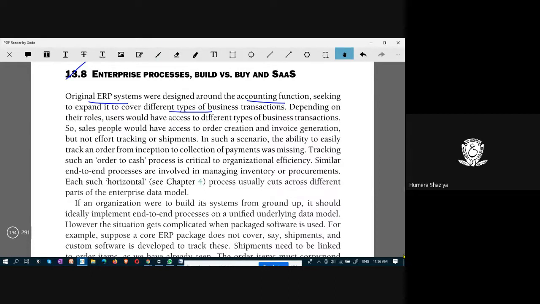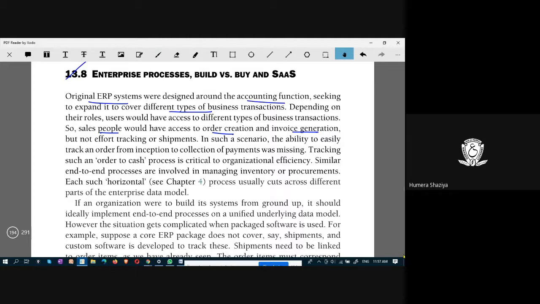Depending on their roles, users would have different types of business transactions. To sell, people would have access to order creation and invoice generation, but not to effort tracking or shipment. The ability to easily track an order from inception to collection of payment was missing. It was based on the people.